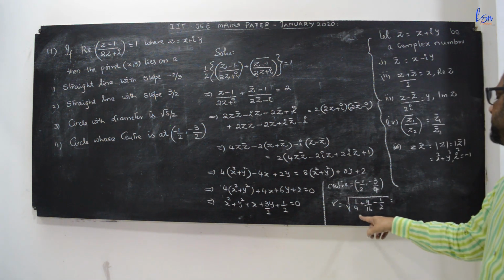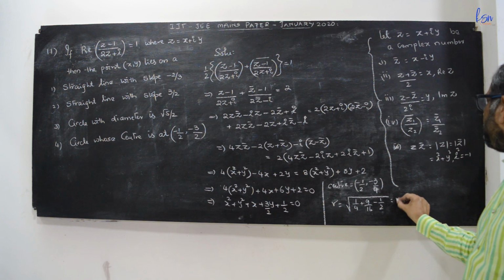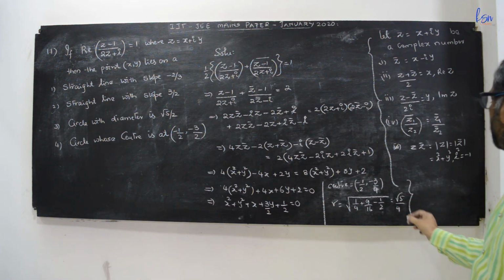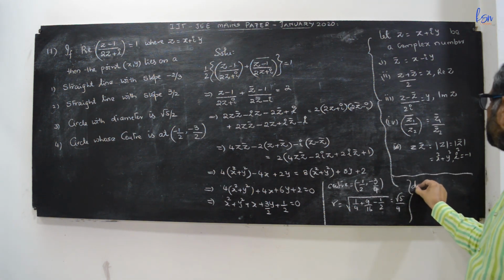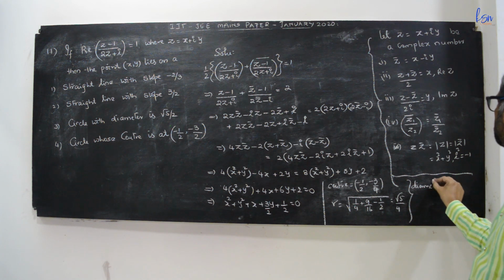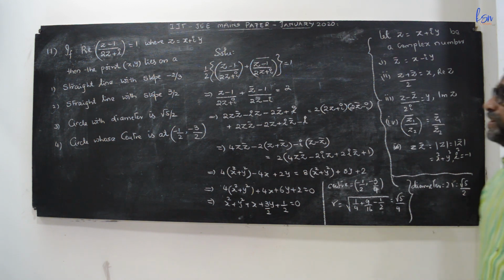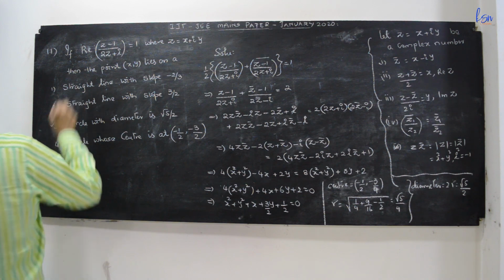This is 4/16 + 9/16 − 8/16 = 5/16, so r = √5/4. The diameter is 2r = √5/2, which is the option. So the circle with diameter √5/2 is the answer.